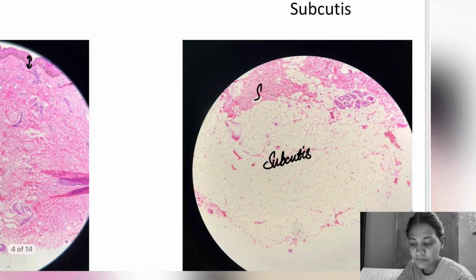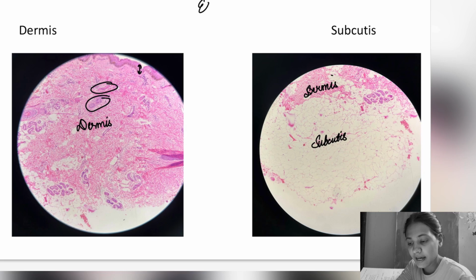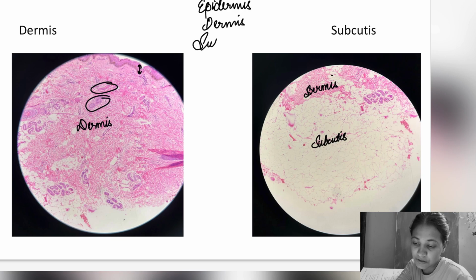So the skin histology has epidermis, dermis and subcutis. Today we'll be discussing only the epidermis.